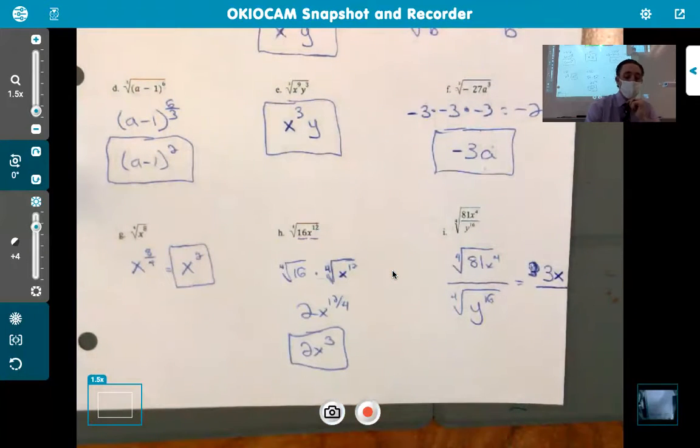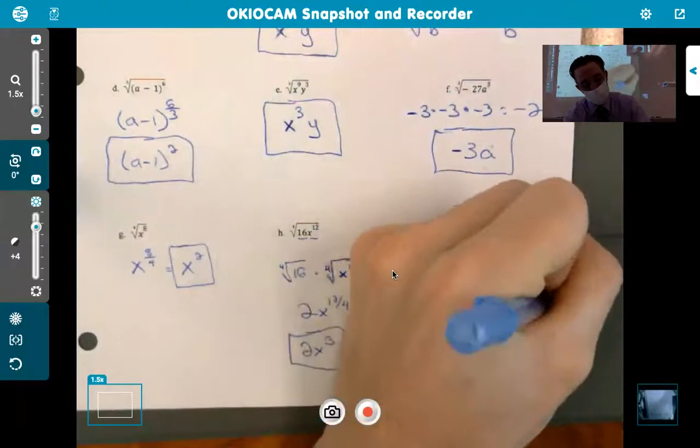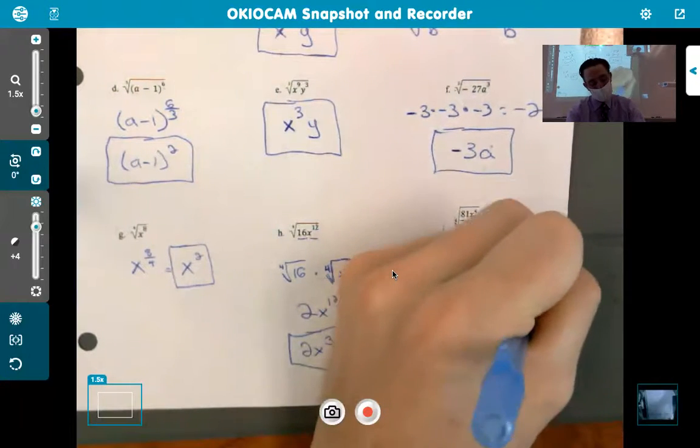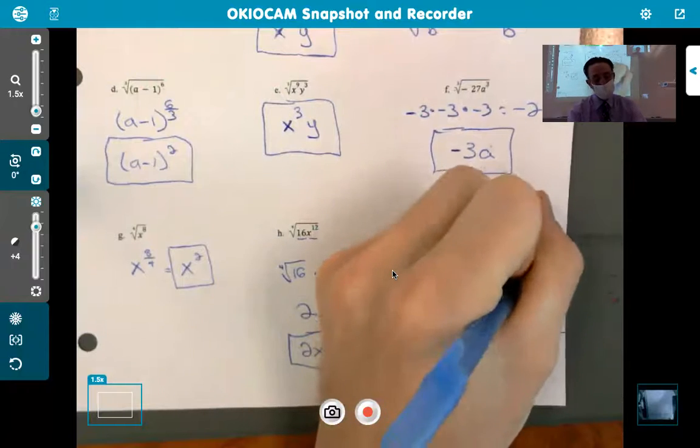In the denominator, how's that going to simplify? y to the fourth, good. I don't have any constant terms to worry about. I know what my index is. It's the same as the numerator. So I just move on to the variables, 16 divided by 4, and that gives me y to the fourth. So my final answer here, 3x divided by y to the fourth.